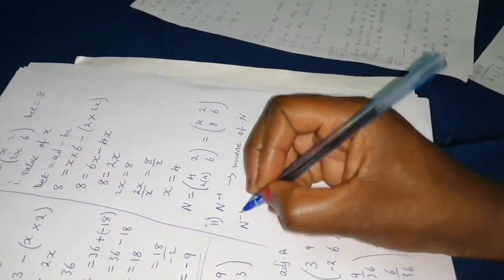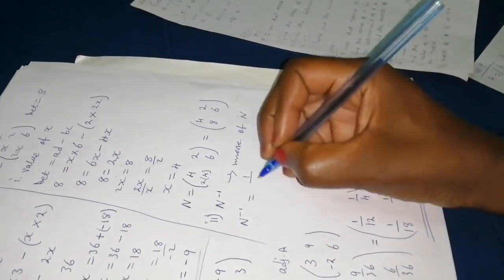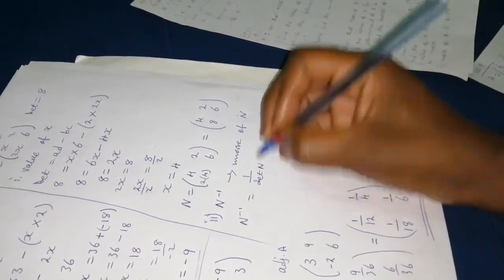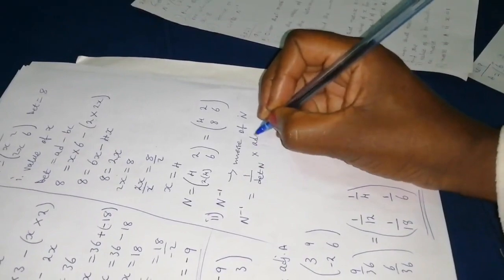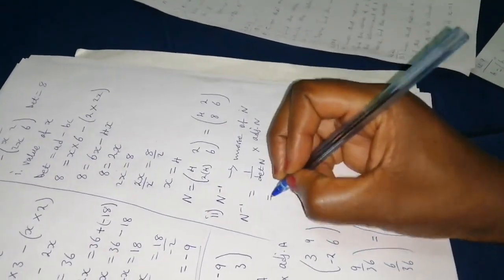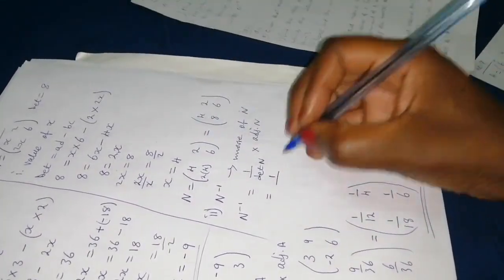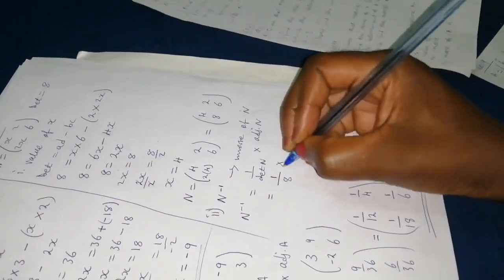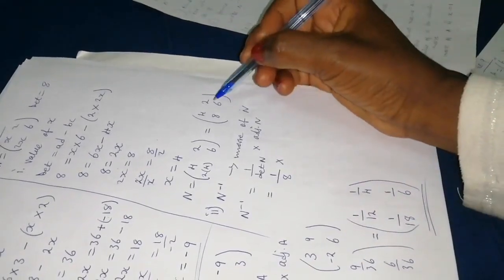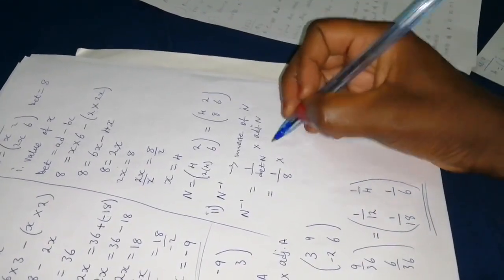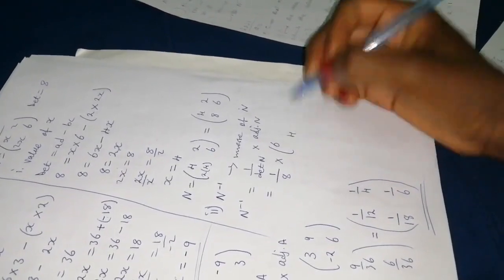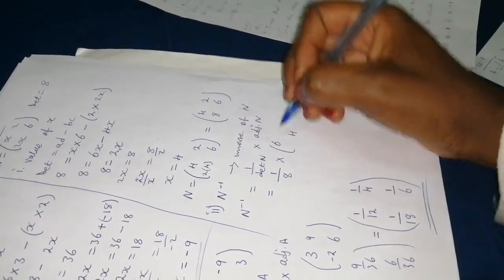So inverse of N equals 1 over determinant of N times adjoint of N. 1 over determinant of N is given, we have 8, then times the adjoint of N. Swap that, we have 6 there, 4 there, then change the signs.